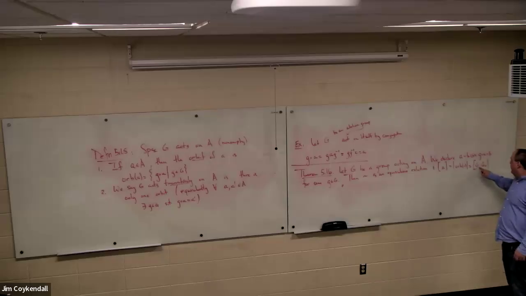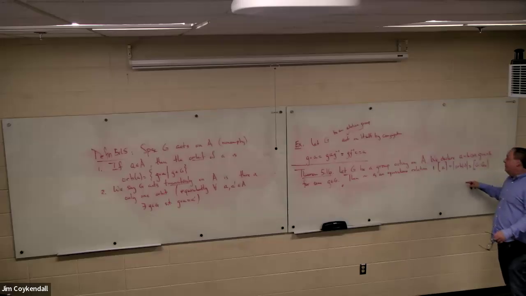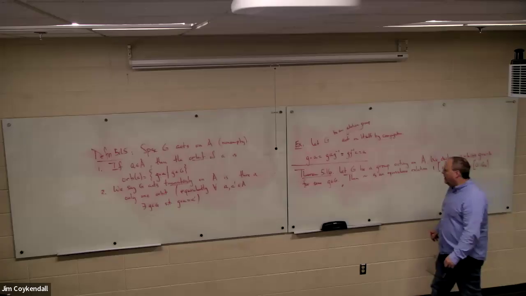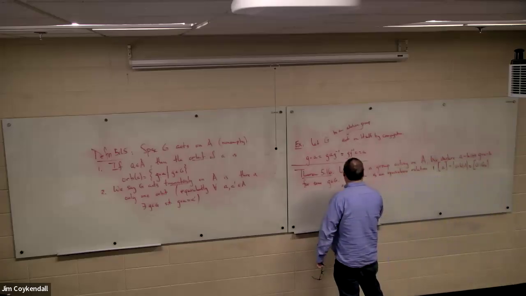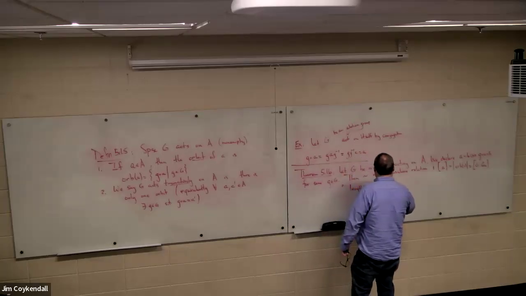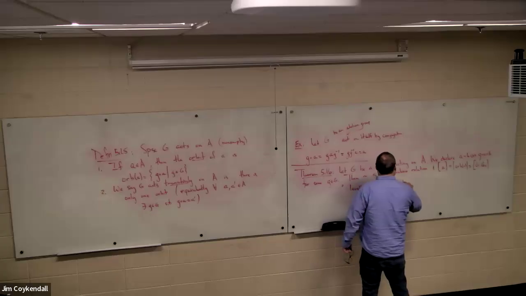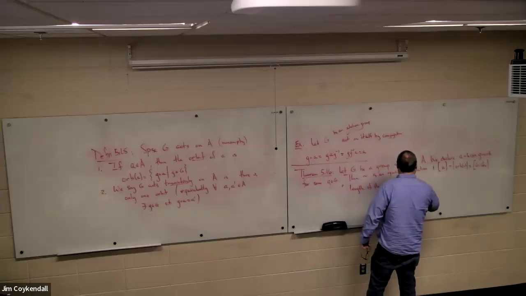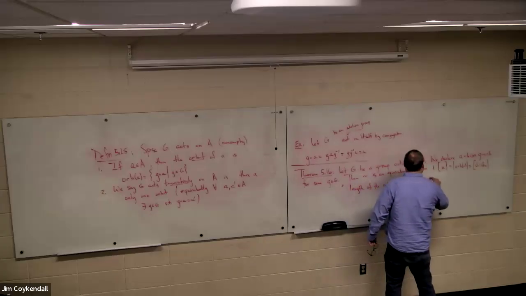So you take the group G and divide out by the stabilizer. This is even true if this is an infinite set as well, and we'll see that. I like to think of this as: the length of the orbit is the index of the stabilizer.